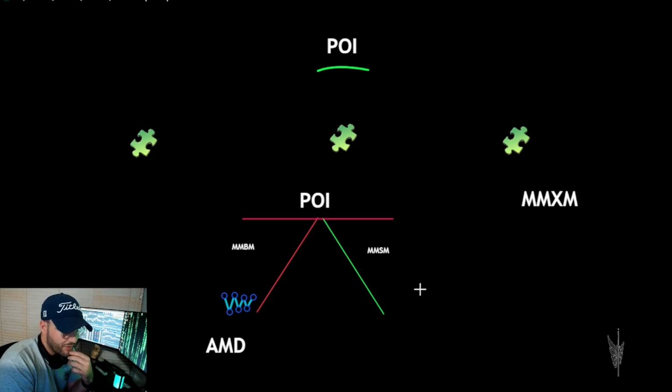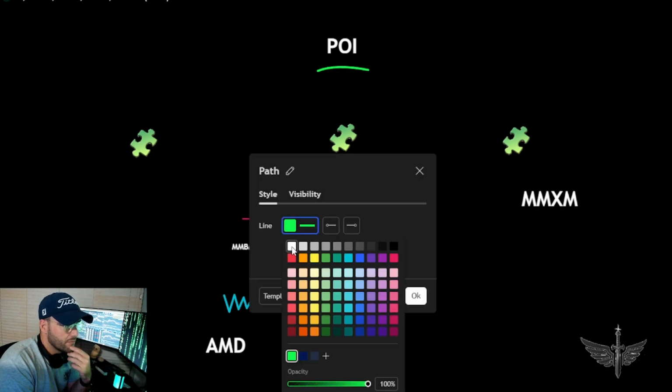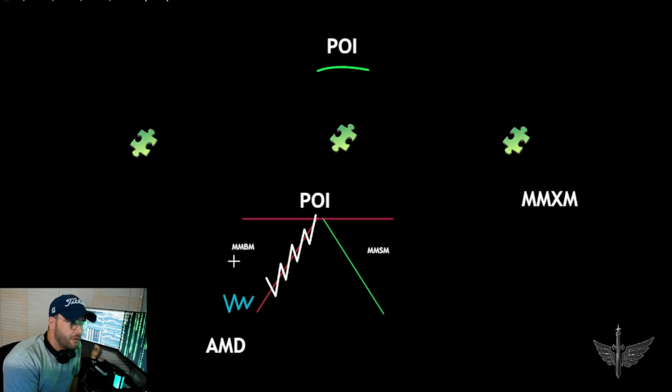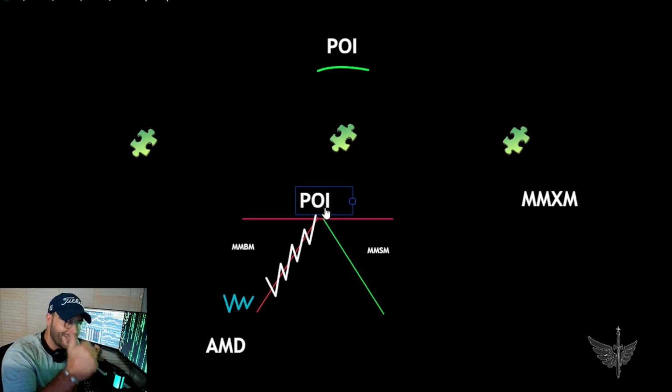If you want to break it up a bit smaller, let's fractalize this. Change the color schematic for you guys. There you go. So sell model, buy model, sell model, buy model, sell model, buy model, sell model, buy model into a POI, a higher time frame POI, whether it's a daily or an hourly.